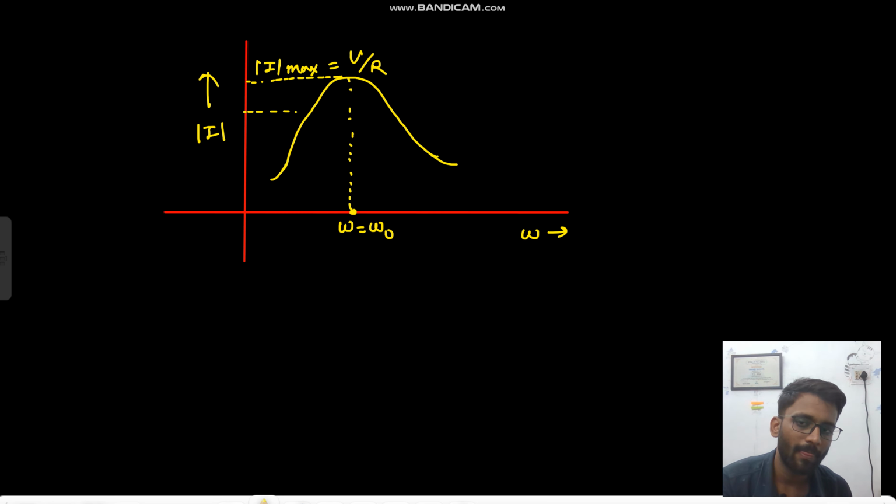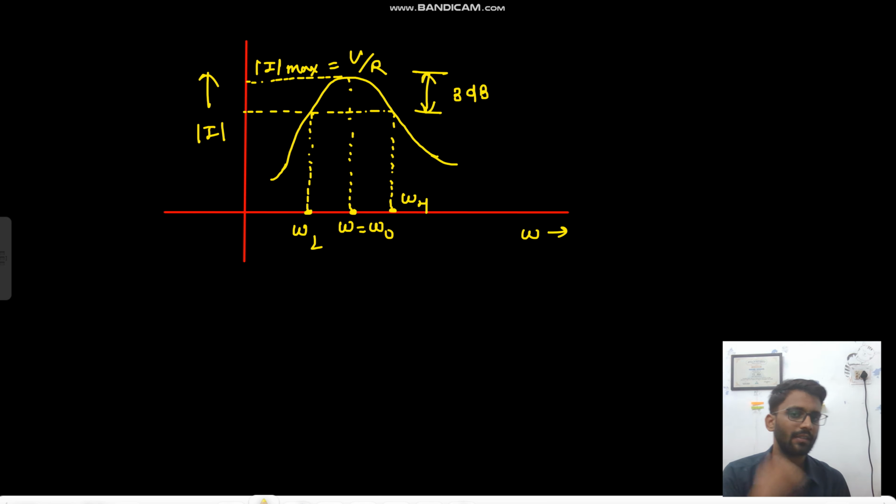Now there will be some points, let us call them omega L and omega H, where you have a 3 dB lesser amplitude of current.